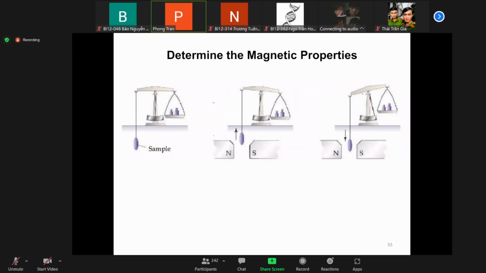If the compound has the paramagnetic property, it will have an interaction with the magnet. So by the balance, you can measure the difference in mass. From the difference in mass, you can quantify and deduce back the degree of the magnetism.